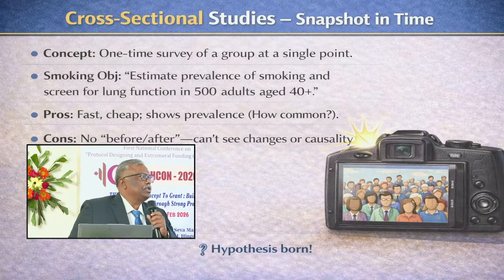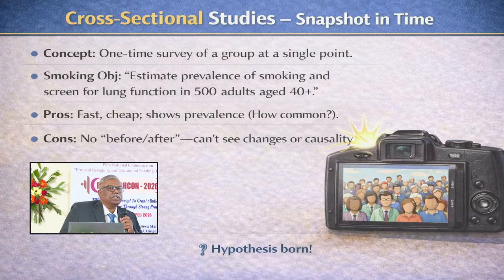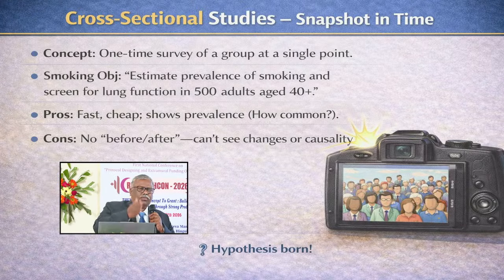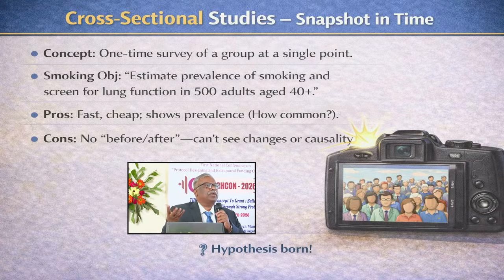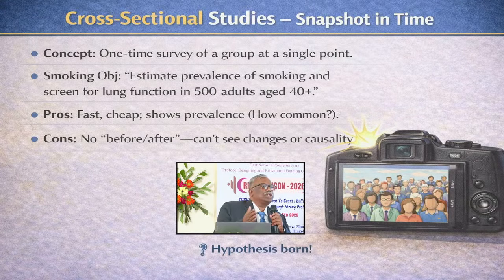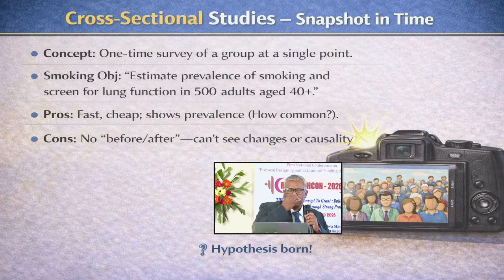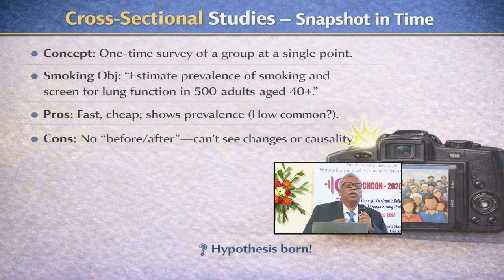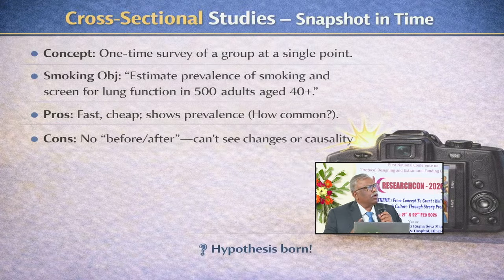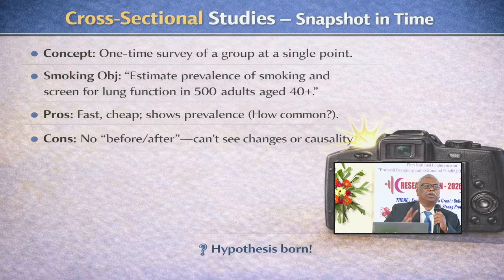Now, cross-sectional study. Think of a watermelon we cut in half and observe. It is a cross-section of a community and we are observing what is happening. A cross-sectional study is like a still picture.